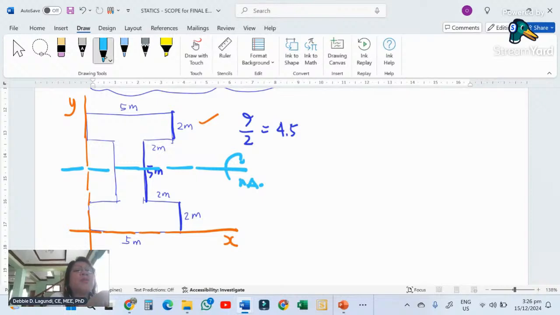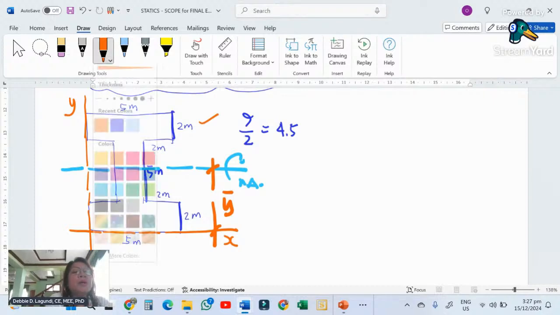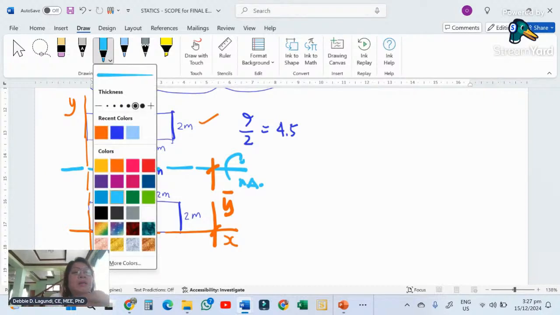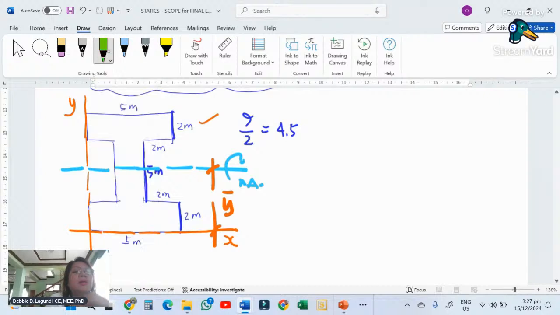And for the Y, this is your Y bar. And your X bar will be how far your CG is from the Y-axis.